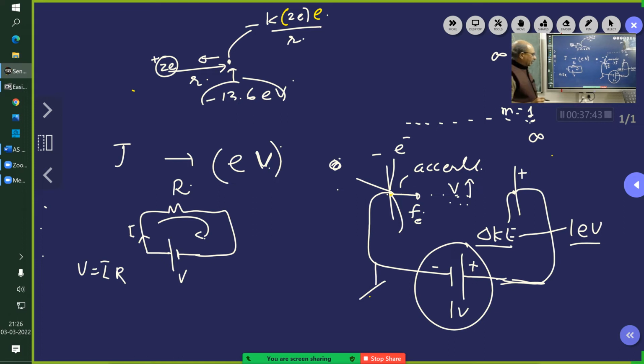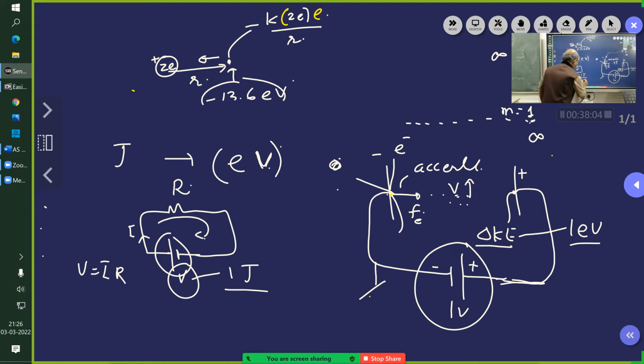Now here, this V means what? V means this energy source is going to expend 1 joule of energy for transporting 1 coulomb of charge around the circuit, if V is equal to 1 volt.